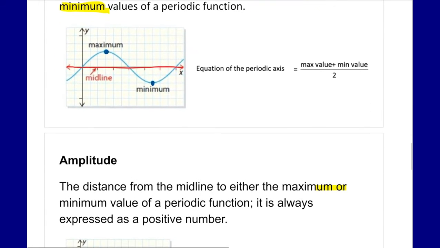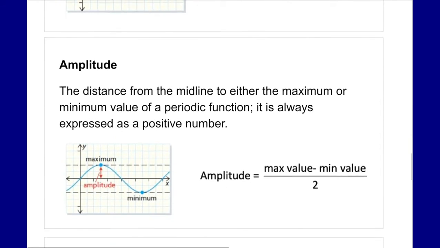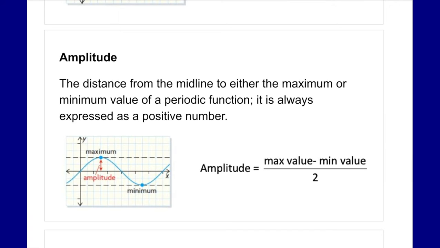The amplitude is the distance from the midline or the axis to either the maximum or the minimum of our periodic function. So again, midline is another word for the axis, which we just determined in the previous definition.